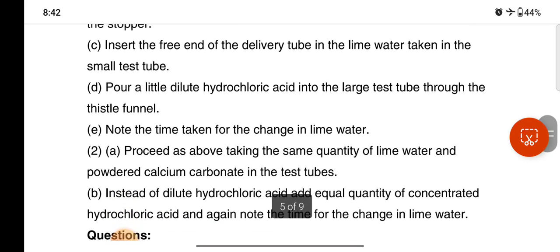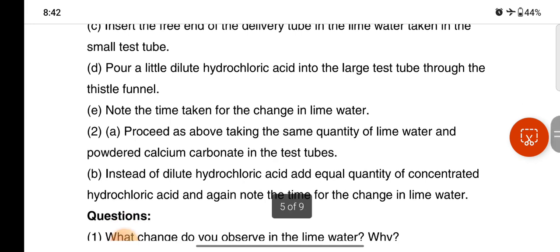D. Pour a little dilute hydrochloric acid into the large test tube through the thistle funnel. E. Note the time taken for the change in lime water.